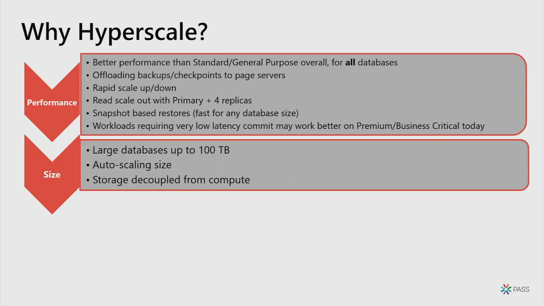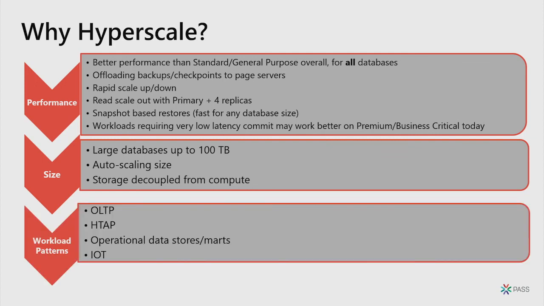Then the size: large databases up to 100 terabytes is another pivot. You don't have to worry about log space, and it just scales. Storage is decoupled from compute, so you can have a small compute on large storage. Then workload patterns. Of course, you have OLTP.